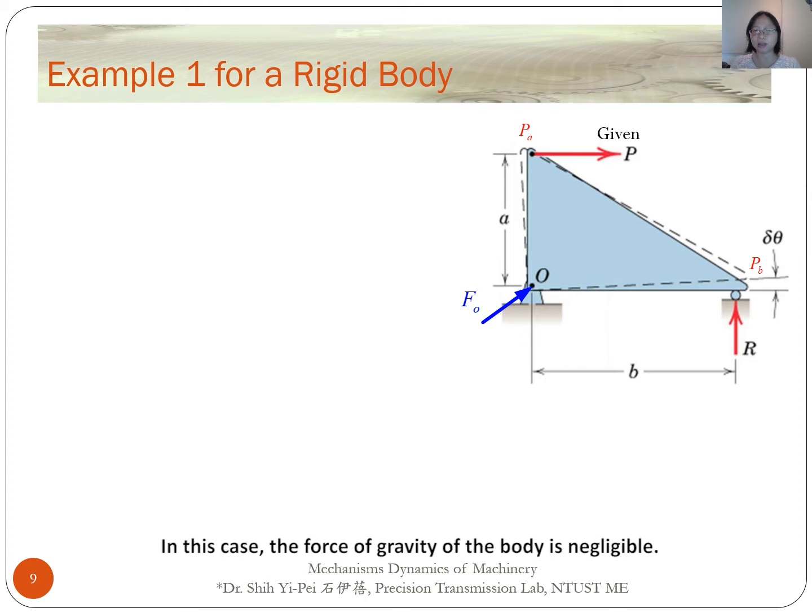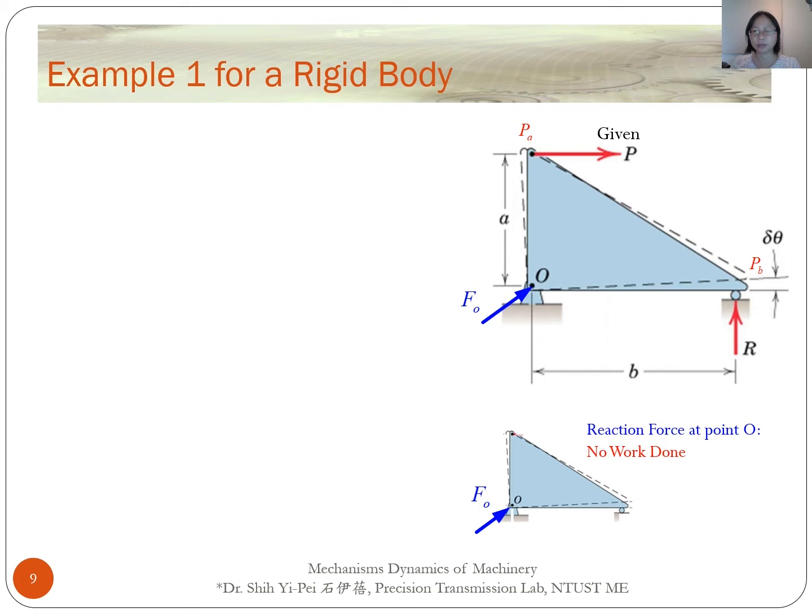In this case, the force of gravity of the body is negligible. Three forces are acting on the body: external force P, the reaction force R and the reaction force FO. We know no work is done by reaction force FO because point O cannot move.